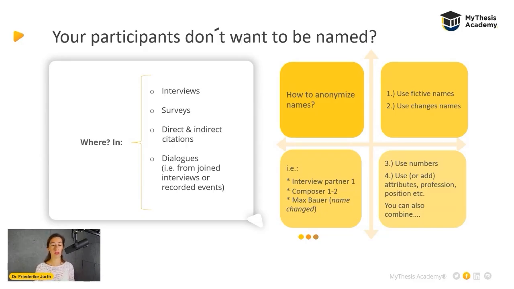For example, you can put composer or architect or whatever, 1 for group 1 and 2 for the person, like the second participant from the first group of architects that you asked and interviewed. This is also a possibility of how to anonymize.